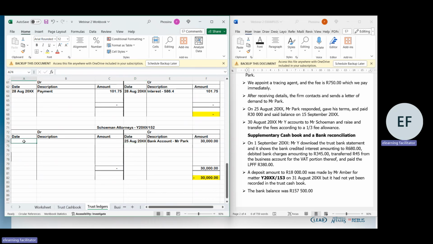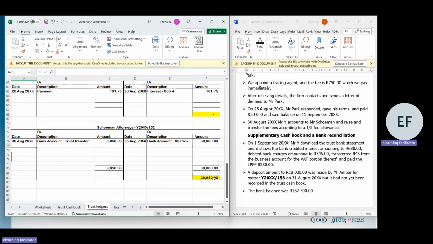Then we come here. This is our ledger on 30 August. Trust creditors ledger. So the trust transfer, we are transferring our fees plus disbursement. How much? 3050.00.